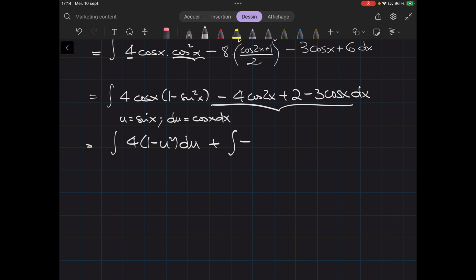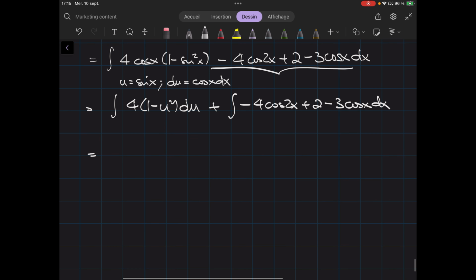For the remaining terms, we can also integrate them immediately. First bracket, the first integral will give you 4u minus 4u cubed divided by 3. The second integral, minus 4 cos of 2x, that would give you negative 4 sine of 2x divided by 2.